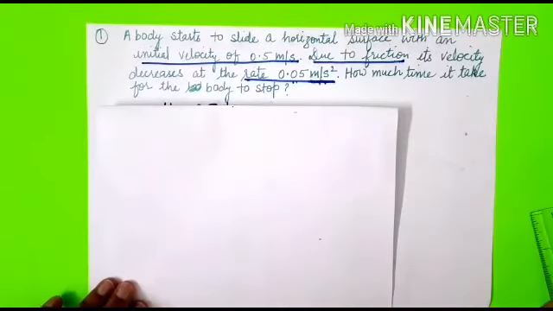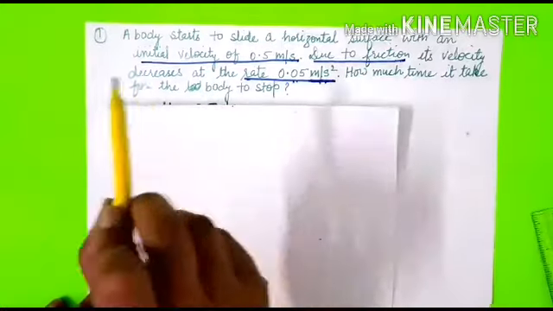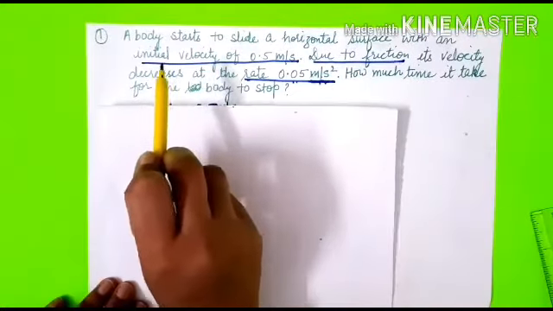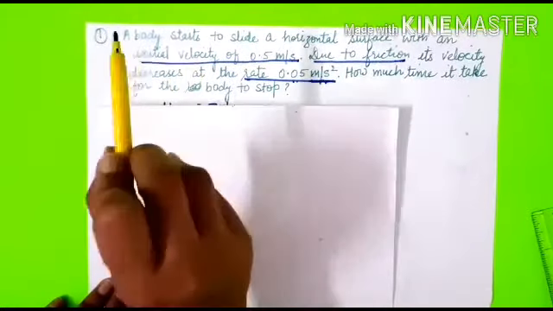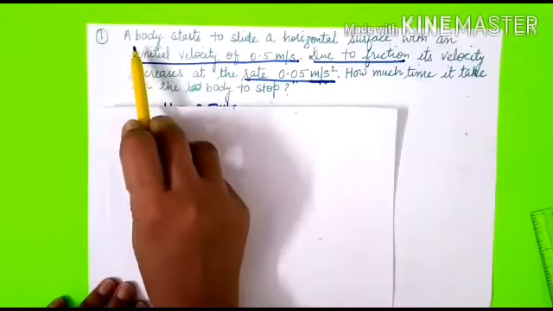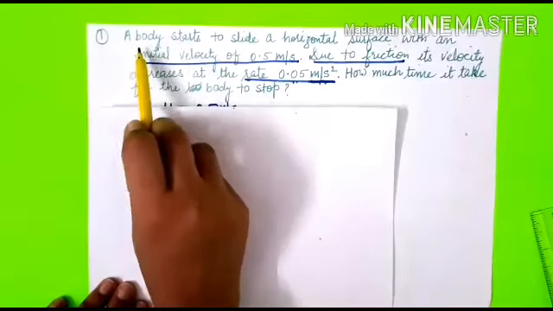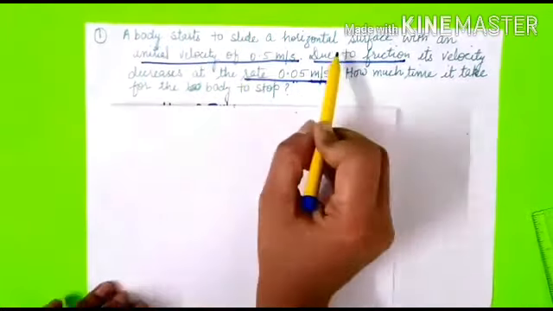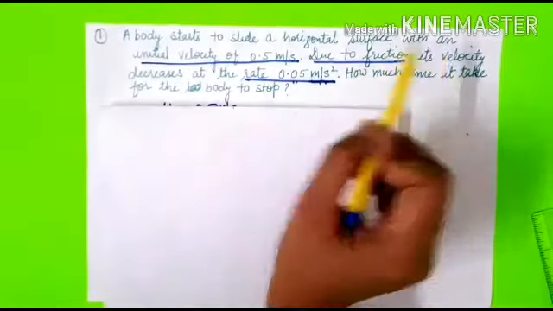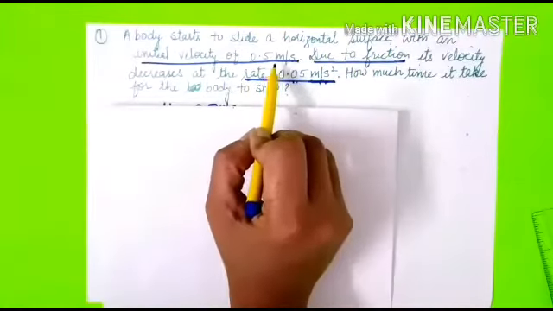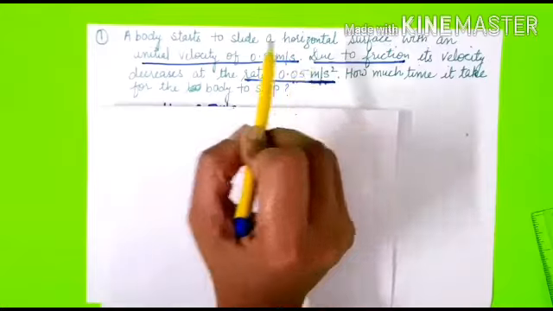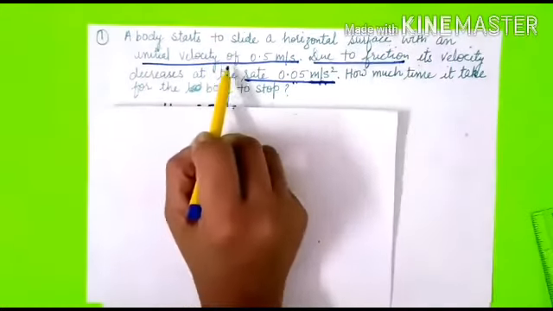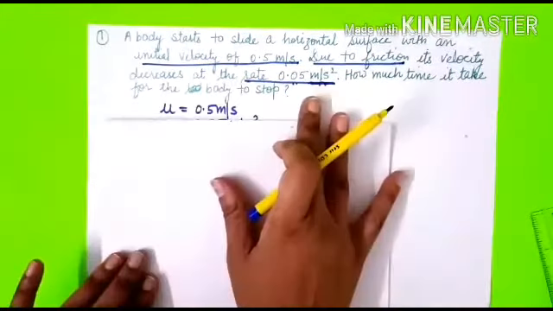So in order to understand the application of the first equation of motion while solving numericals, let's take this question. A body starts to slide on a horizontal surface with an initial velocity of 0.5 meter per second. That initial velocity is given, means U is given.